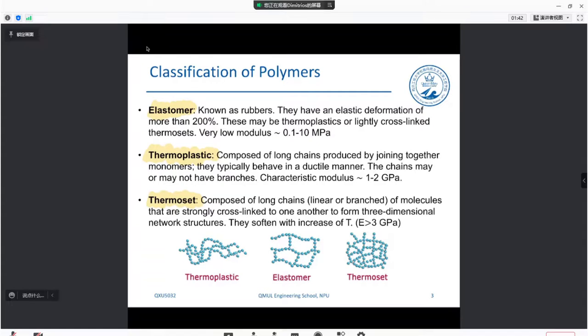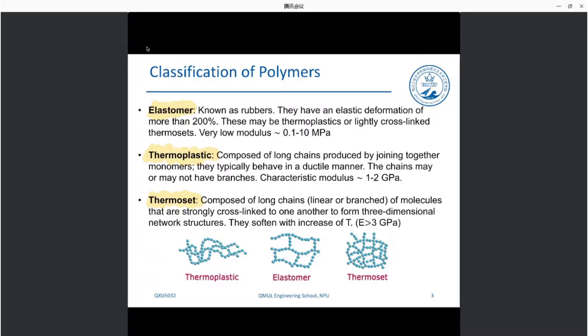It is very important that because of this light cross-linking, these materials are very soft, okay? And because they're very soft, they can elongate a lot and they display a low modulus. Their modulus is in the order of 0.1 to 10 megapascals.